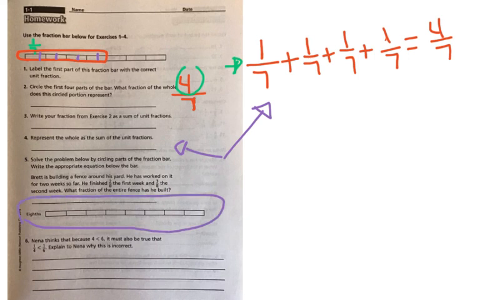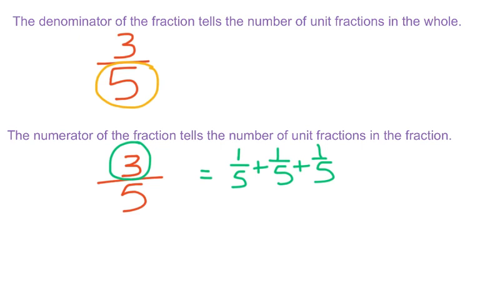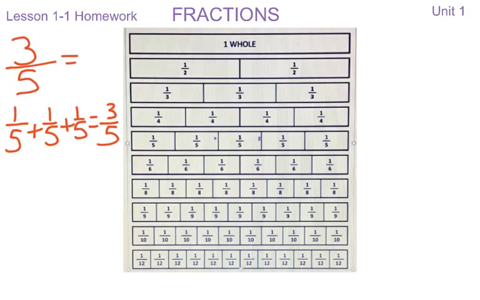And on your last one, number 6, it says Nina thinks that because 4 is less than 6, it must also be true that 1/4 is less than 1/6. And you need to explain to Nina why this is incorrect. Well, remember, when you're comparing fractions, a great tool to use is this fraction bar chart.